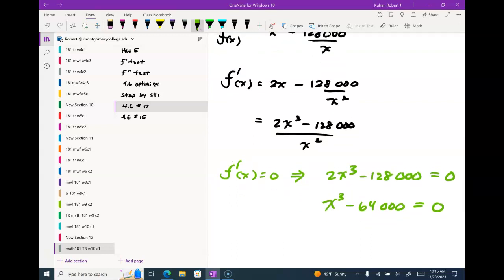Cube root of 64 is 4, is that right? 40, yes, you're right. Thank you. 40 centimeters, right?